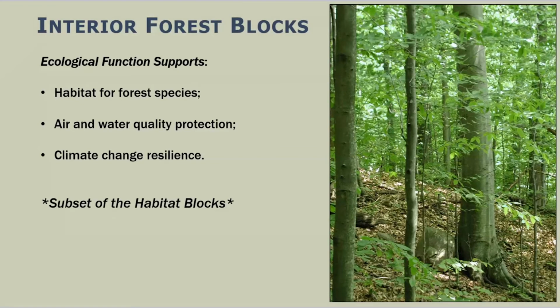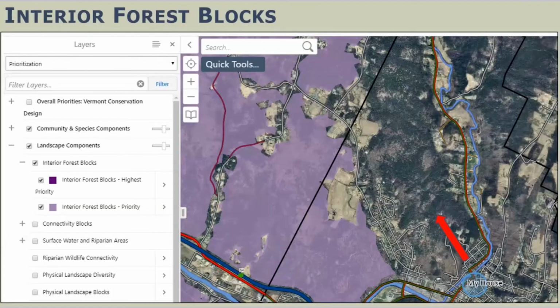It's habitat for a number of species that only live in these core forest areas. And we know that these interior forests provide other ecosystem services. So we went through all of those habitat blocks in Vermont, and we chose a subset of them that offered this interior forest habitat. And then we made a map of all those areas in Vermont.